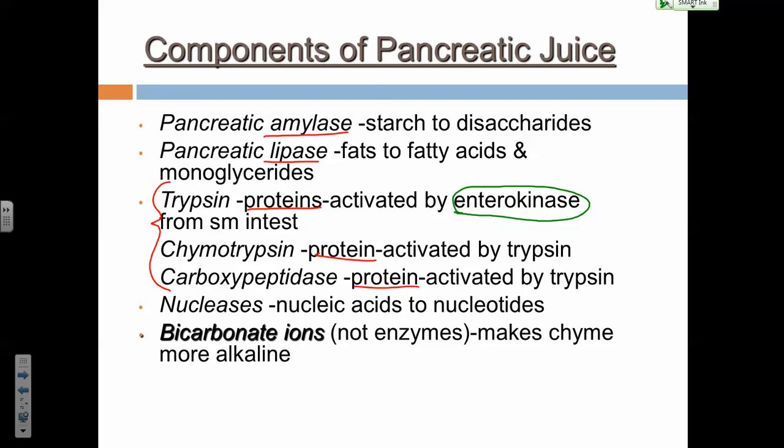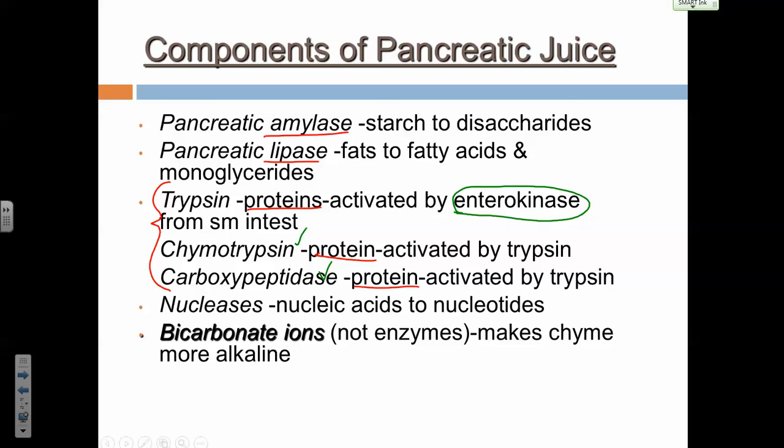They just have entero, which means within. Enterokinase is produced at the small intestine, and its function is to change trypsinogen into trypsin. And once trypsin is activated, its presence activates these other two, chymotrypsin and carboxypeptidase.